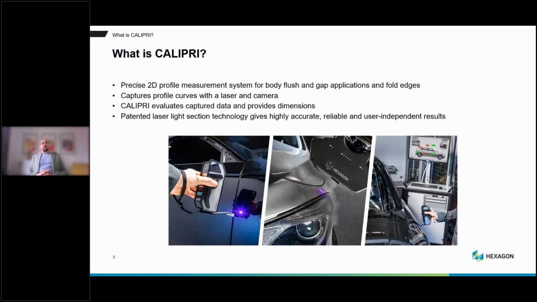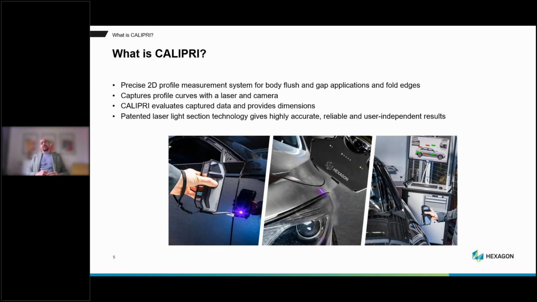CALIPRI is a 2D profile measurement system for body flush and gap applications and fold edges. So, most of you will know Hexagon from other applications, mostly 3D scans. So we are not in an absolute world, we do relative measurements. Again, CALIPRI is a 2D profile measurement system.